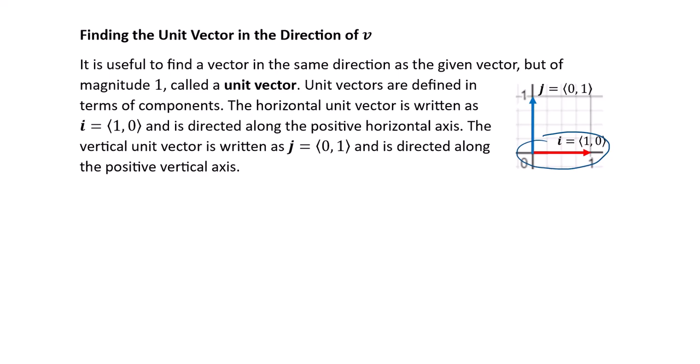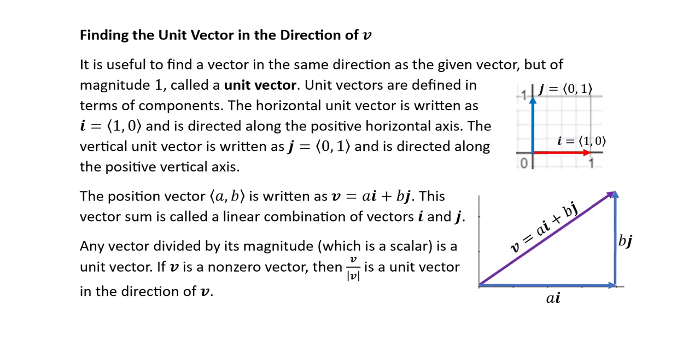The vertical unit vector is written as j equals ⟨0, 1⟩ and is directed along the positive vertical axis. The position vector is written as v equals ai plus bj. This vector sum is called a linear combination of vectors i and j.